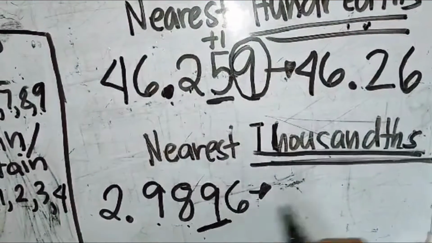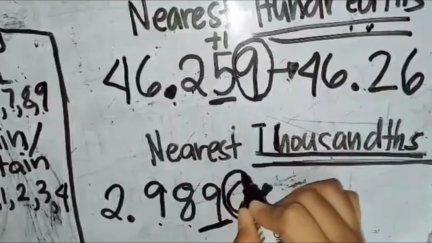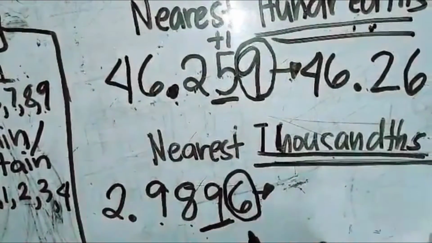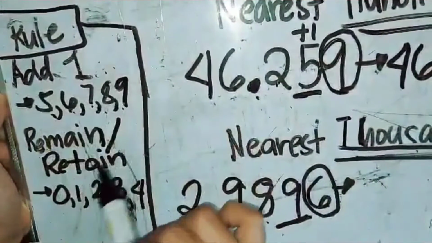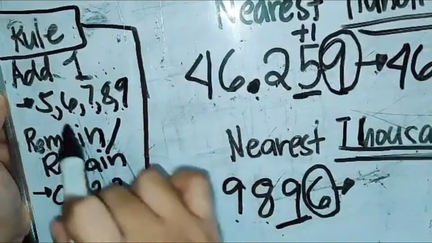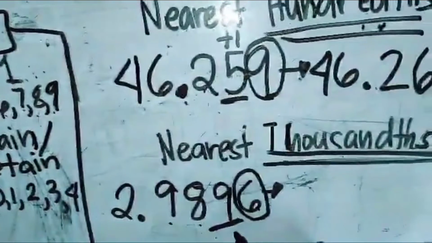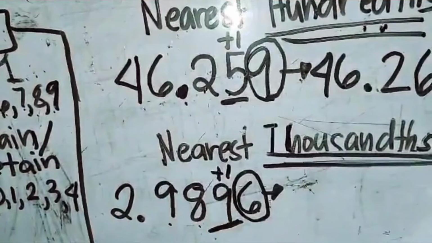Okay, so guhitan si thousandths place. And then, bilugan yung nasa kanan niya. Lagi yung kasunod niya ha, sa kanan. Okay, 6. Where does it belong in our rule? Add 1 or retain? So, syempre, kitang-kita. Obviously, it would be add 1. Kanino? Syempre, dun sa ating rounding place, yung ginuhitan nyo. Lagi ng plus 1.